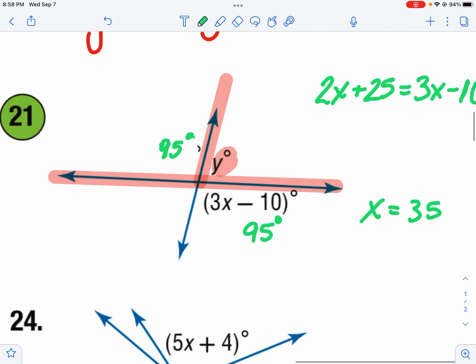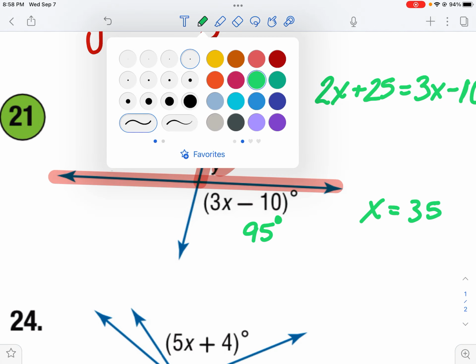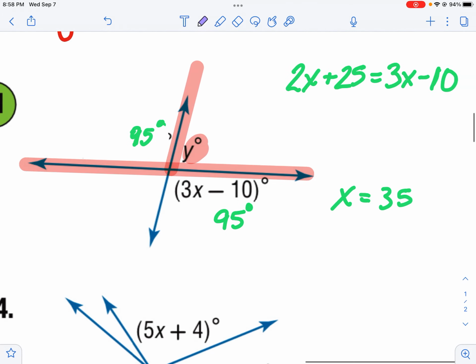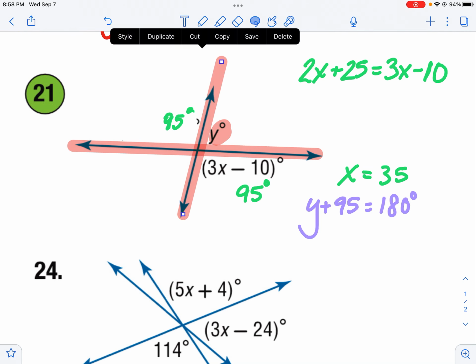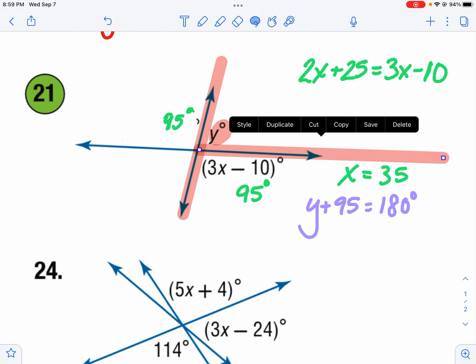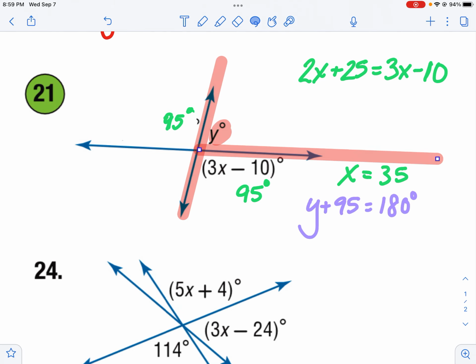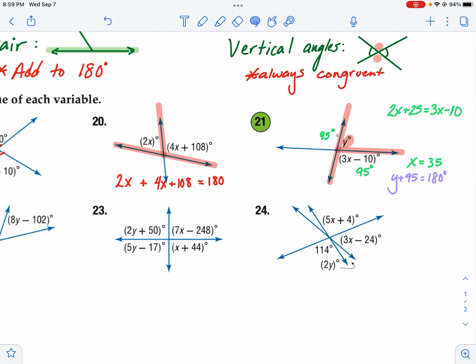So I have y and I have 95 that together should add up to a straight line. They're a linear pair. They add up to 180. So I know that y plus 95 should get me 180 degrees. And if I were to use the other linear pair, I'd end up with the same thing: y plus 95 equals 180 degrees.